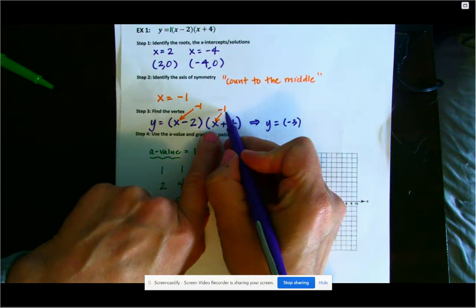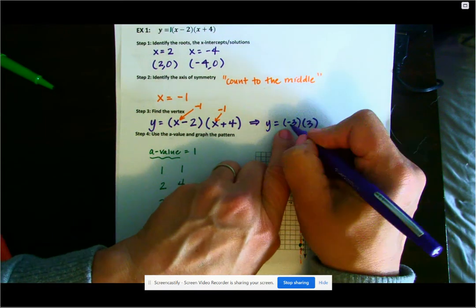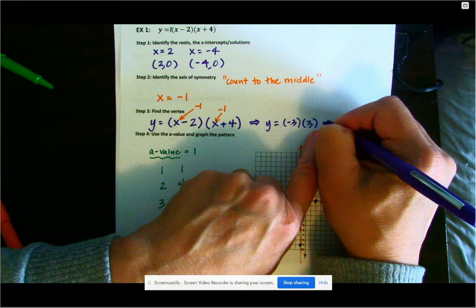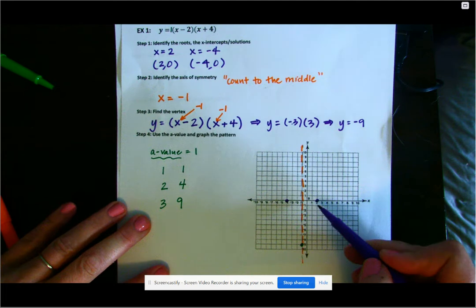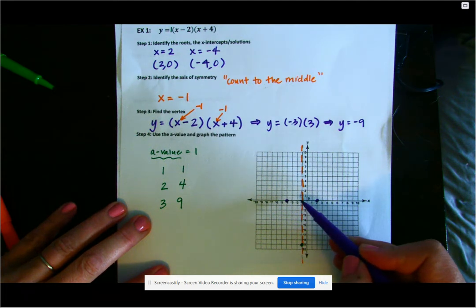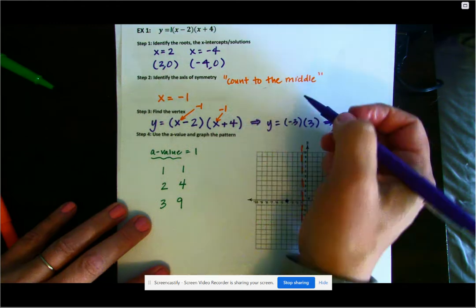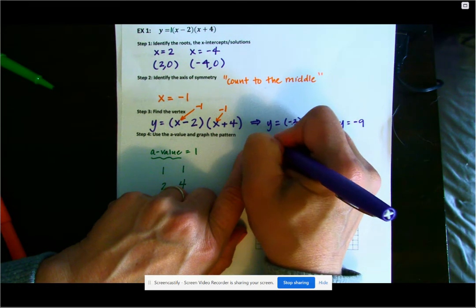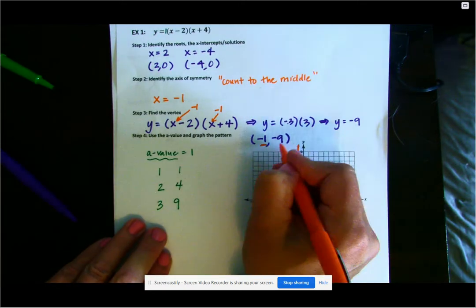And -1 plus 4 is +3. Wow, look at that. Y equals -9. And we knew the vertex was -1 something. It's -1, -9. So the vertex is -1, -9. We already had the x value from the axis of symmetry.